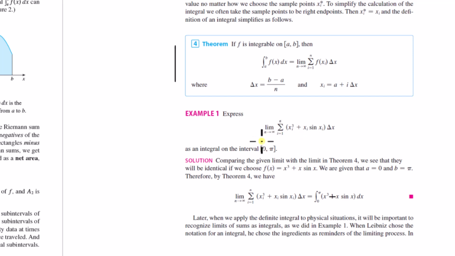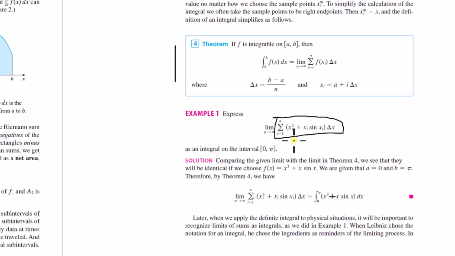In general, the way you would do this, if someone gives you this here, once you take the limit as n approaches infinity, again, it doesn't matter if you're using the right endpoint or the left endpoint. You'd see the limit as n approaches infinity. Then you'd look at the Riemann sum and just make sure they're summing from i is equal to 1 to n, the function evaluated at any point within the interval.